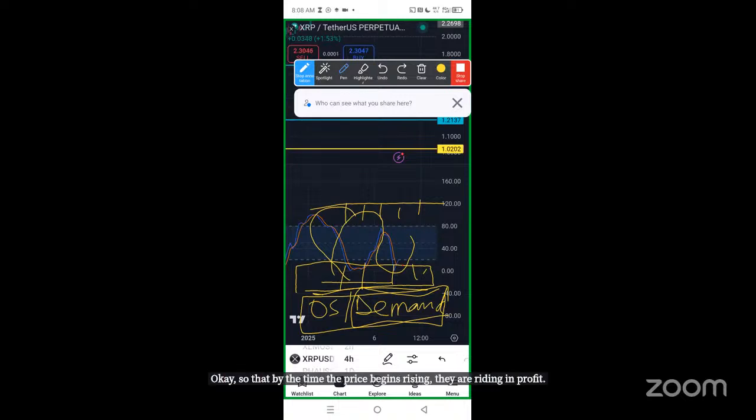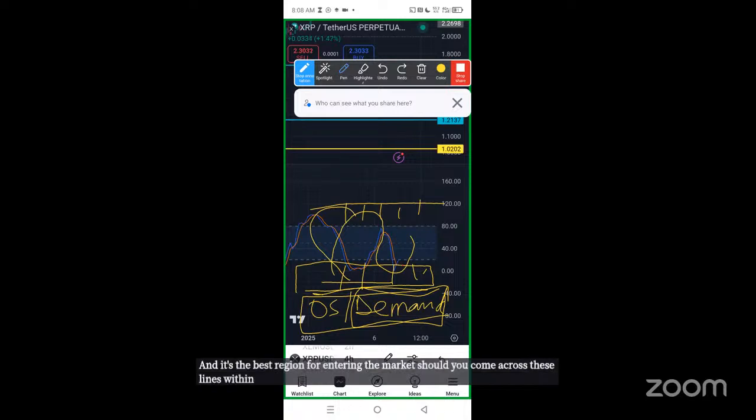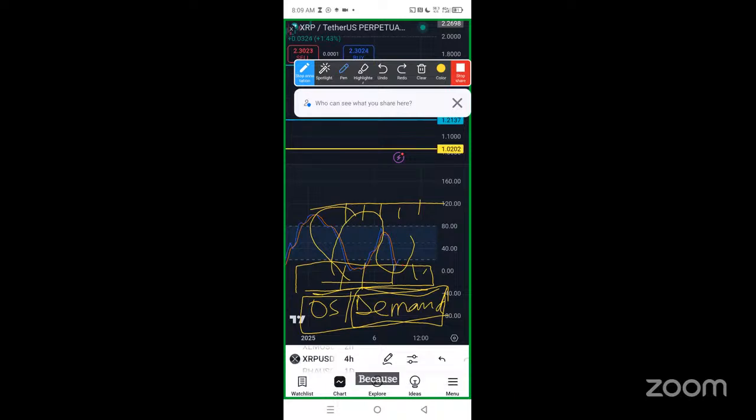So when the two lines are within the oversold region, the coin's price has dropped so much, and it's the best region for entering the market. It is the best opportunity for buying because the price would have really dropped so low.